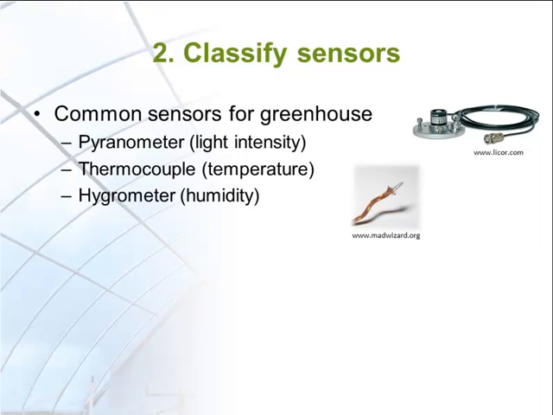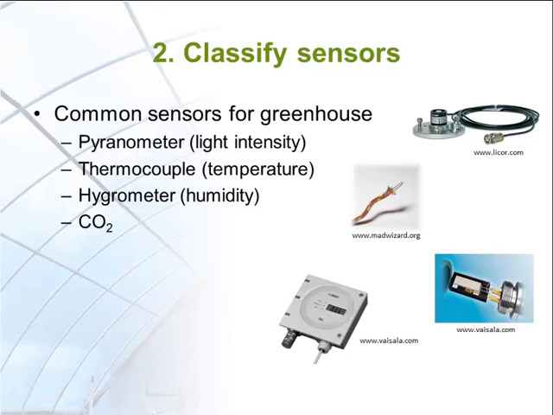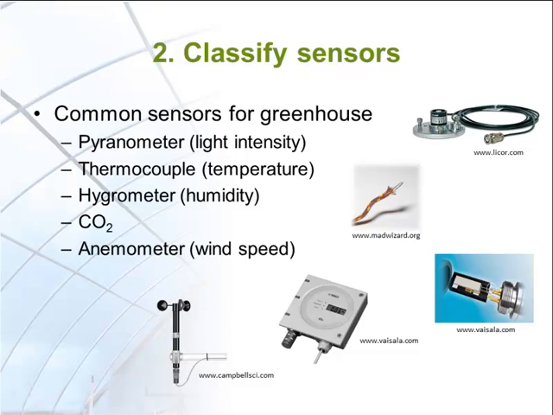In the case of hygrometer, it is an active and absolute. CO2 sensor is an active and absolute type. Anemometer, in this case a wind cup, is a passive absolute. So for the active type of sensors, external power is required, and for the passive type of sensors, there's no external power requirement.